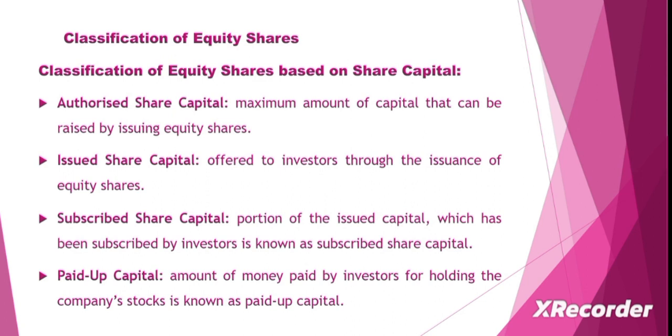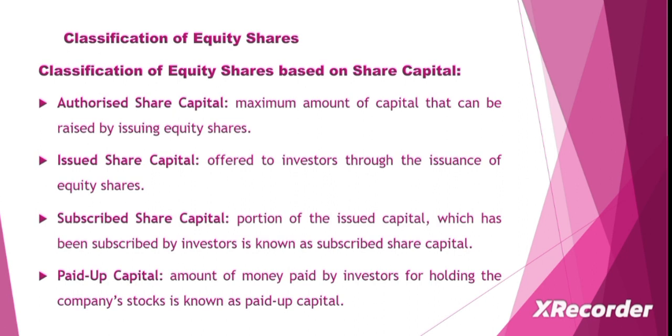Every company in its memorandum of association is required to prescribe the maximum amount of capital that can be raised by issuing equity shares. The limit, however, can be increased by paying additional fees and after the completion of certain legal procedures.